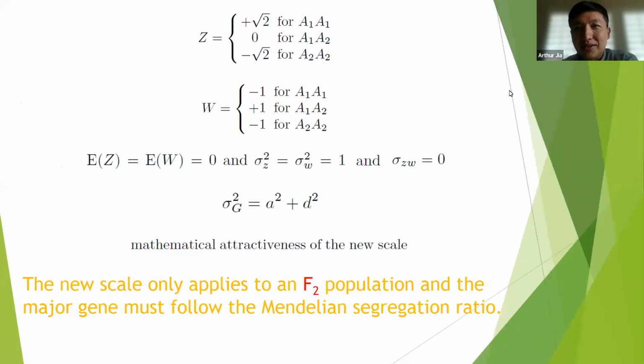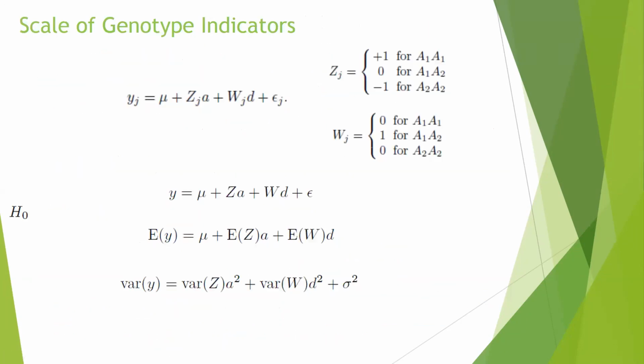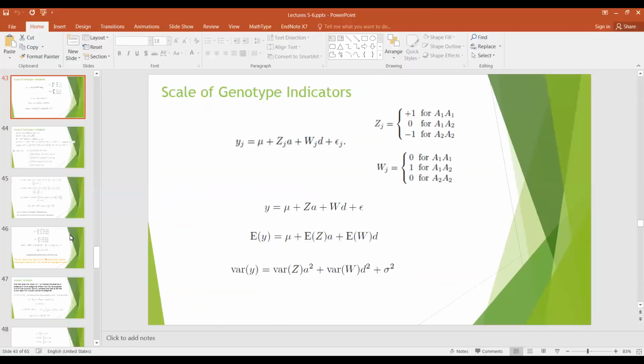All right, let's get started. Okay, so last time we talked about how we can test the major genetic effects, right? We use the F2 population as an example.